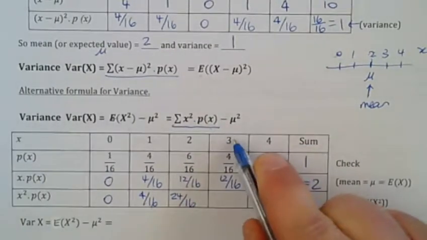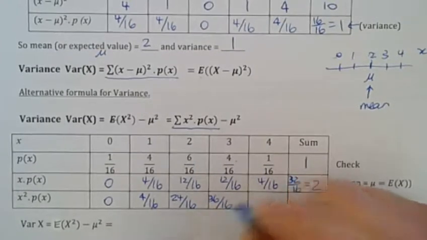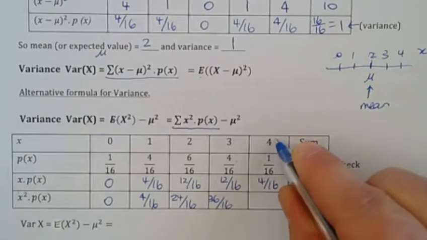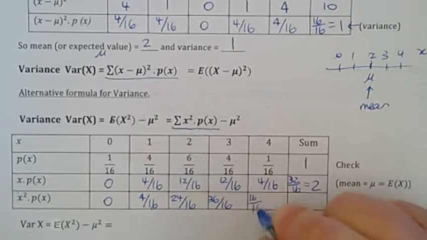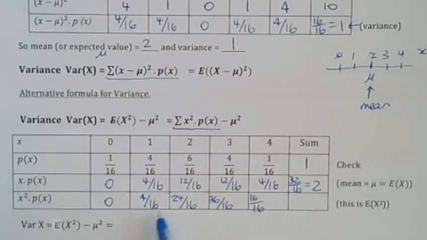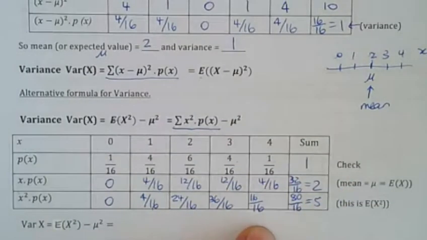Then we do 3 squared times 4 on 16. That's 9 times 4, that's 36. And then we do 4 squared, which is 16 times 1 on 16, which is 16 on 16. Now what do you get? Add them all up. Over 16, which is 5.